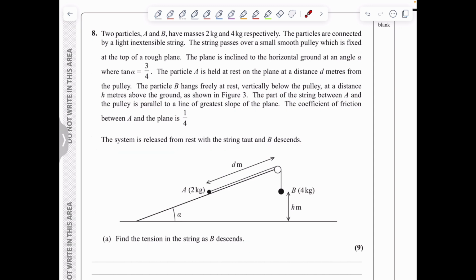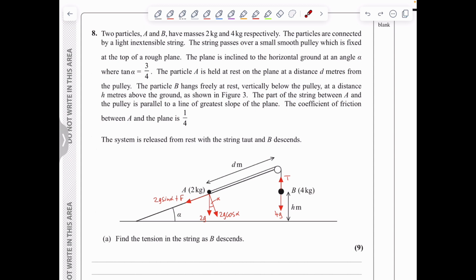So the first thing to do is obviously add the forces acting here. We've got the weight of B, 4G, and the tension pointing upwards. We've got the weight of A, 2G, which I will be resolving perpendicular and along the plane. So we've got the component perpendicular to the plane being 2G cos alpha, and the component along the plane being 2G sine alpha.